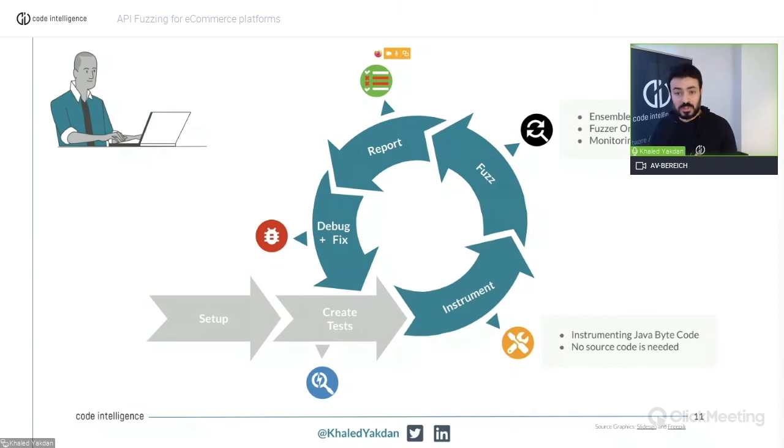In order to be able to do this effective fuzzing, we need to be able to instrument the code. We base our instrumentation on the Java bytecode, meaning that we don't require the source code in any way. This makes it more flexible to use with other JVM-based languages like Kotlin, for example.